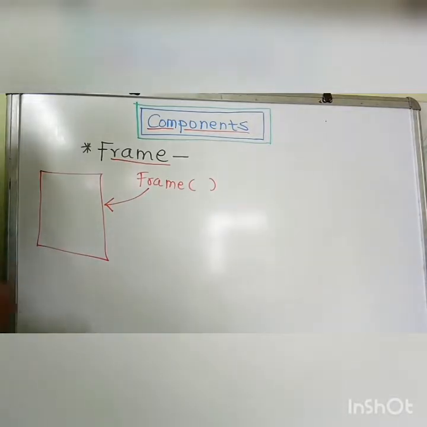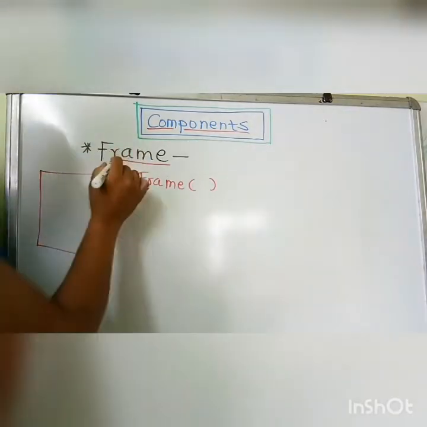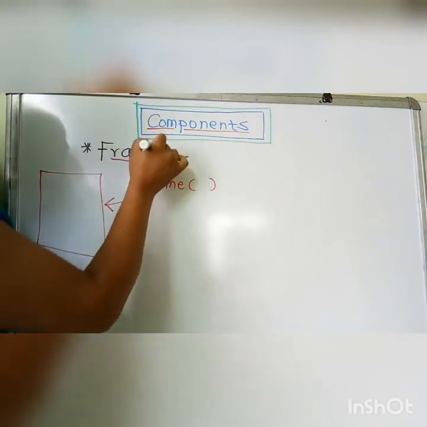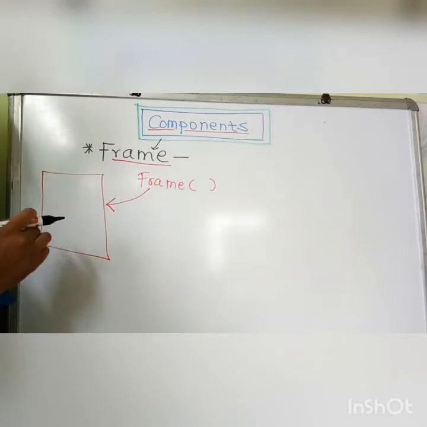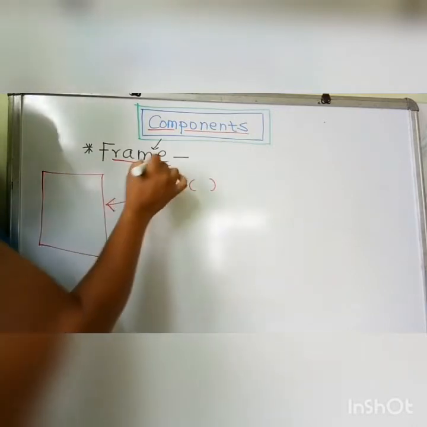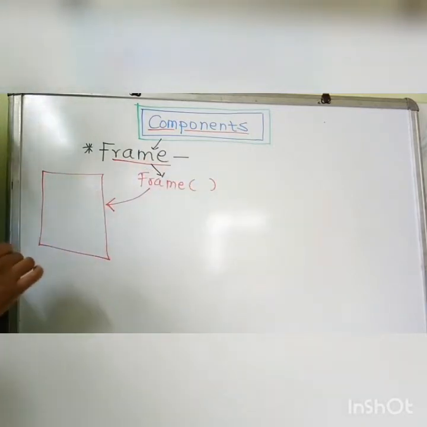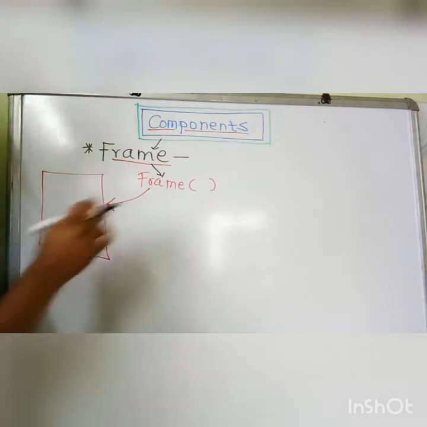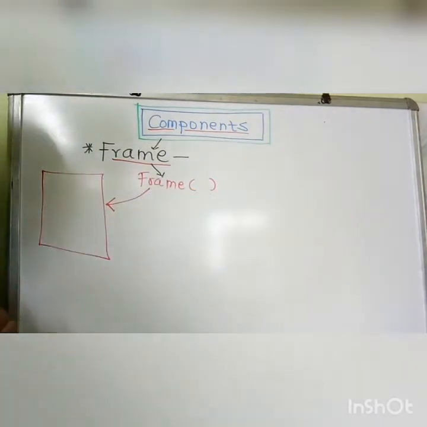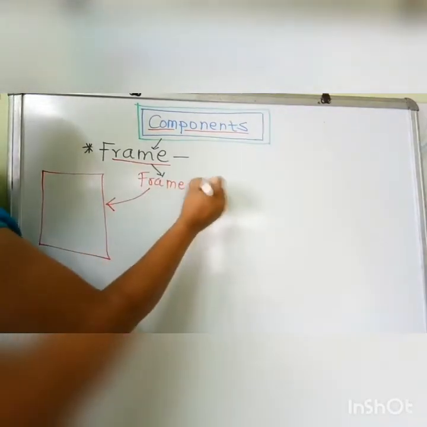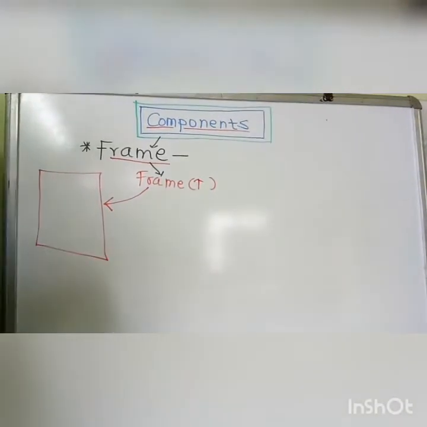Frame is one of the components of a Java GUI, and it can be created by using these constructors. All the mechanism is included in this frame constructor. As this is the empty constructor, it does not have any parameters between its brackets.